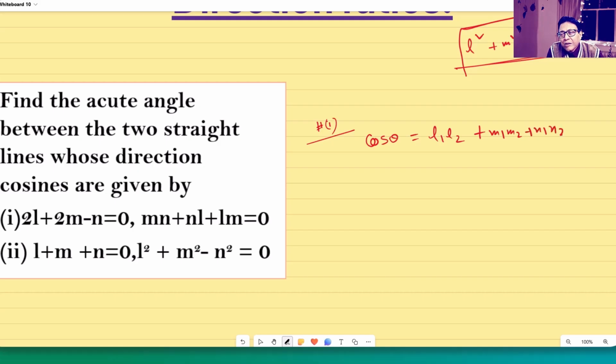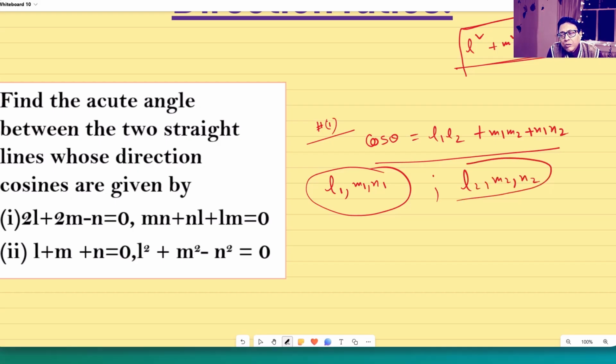There is no problem. But the thing is, for two lines, L1, M1, N1 for one line and L2, M2, N2 for the other, how to determine them? Because only two conditions are given.